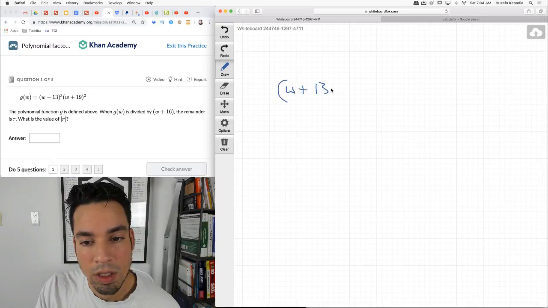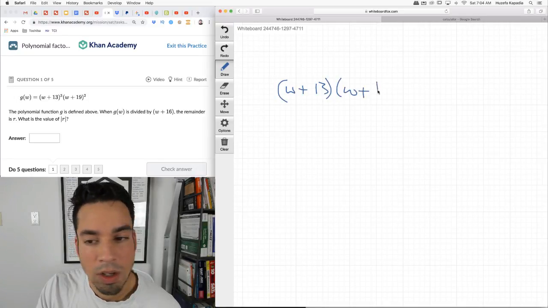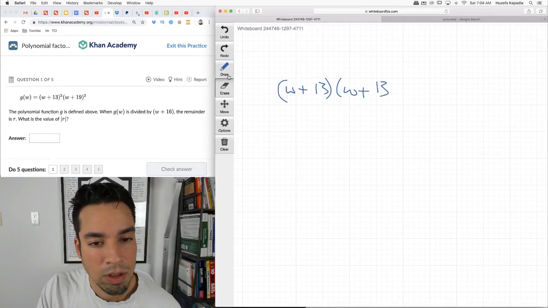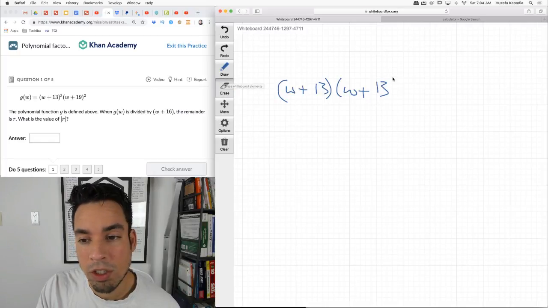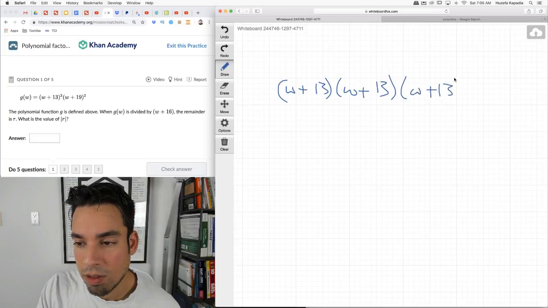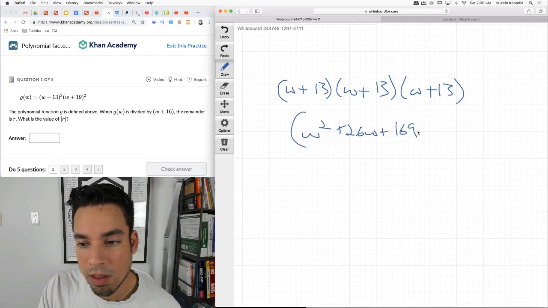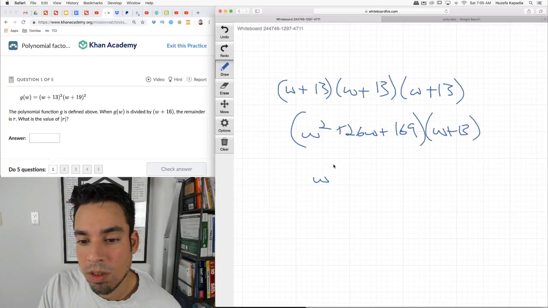There's a shortcut for this, but let's just FOIL it out like this. W plus 13, so it's w squared plus 26w plus 169.